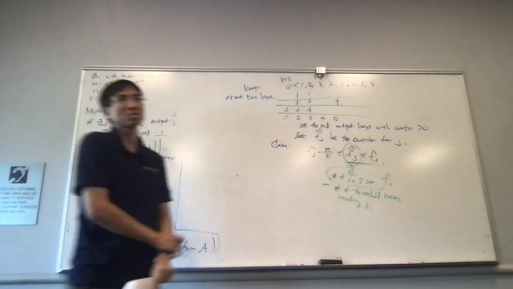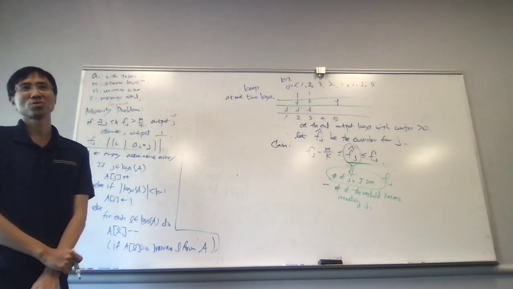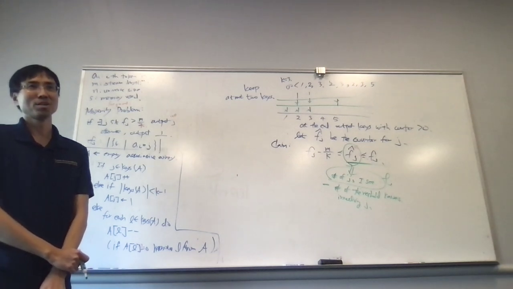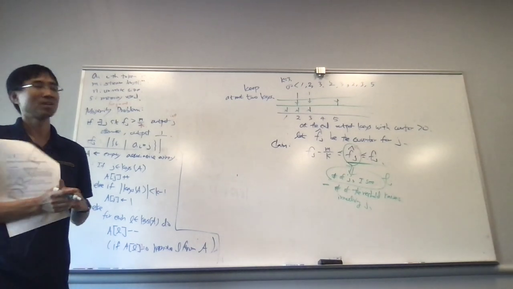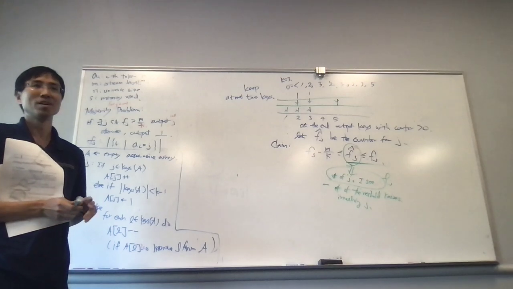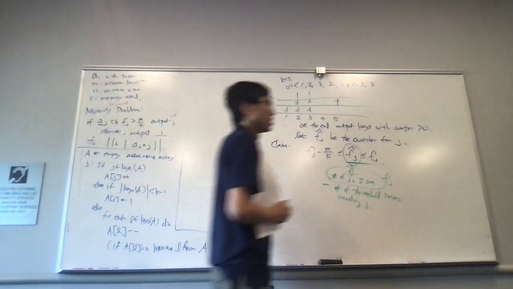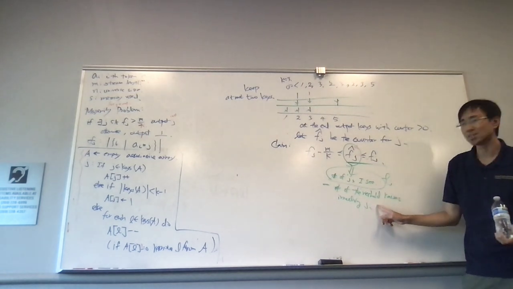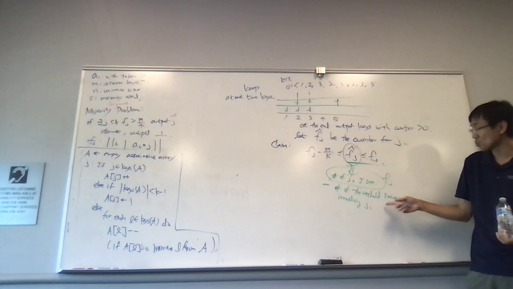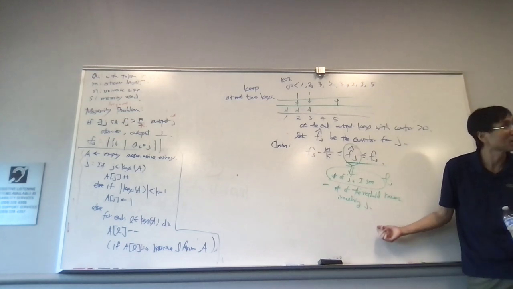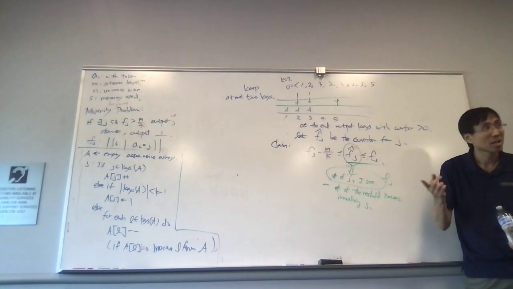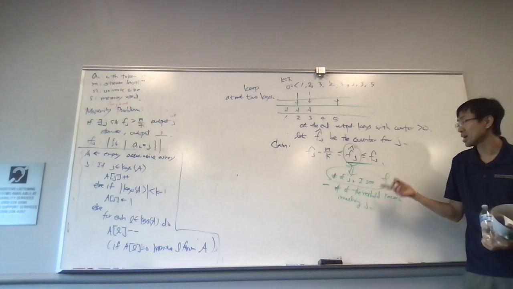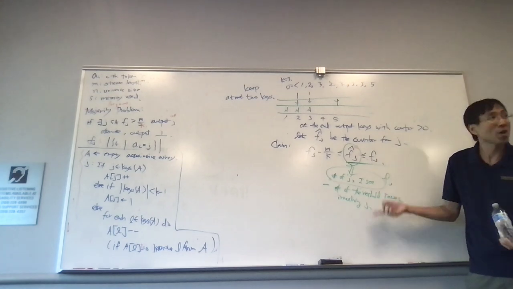Now let's think about the second part. Why is it true? What I'm asking is this: we don't decrement too many times, we don't raise the threshold too many times. So how many times can I ever raise the threshold?